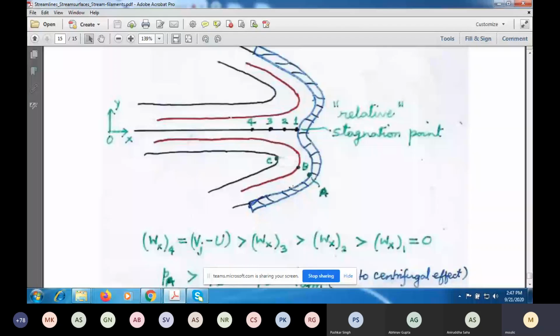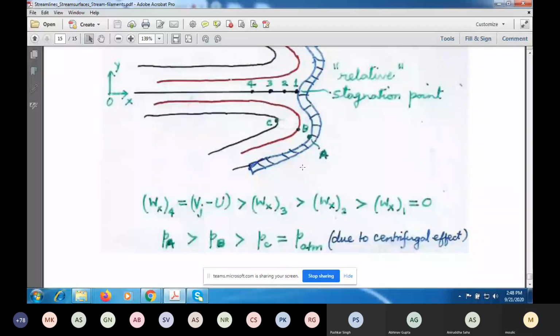So if you don't have a net force due to pressure in the opposite direction, the particle will fly outwards. The particle is not flying outwards because the centrifugal force is balanced by the net force on the particle due to pressure. And you can have a net force on a particle due to pressure only when there is a pressure gradient. Does it make sense?